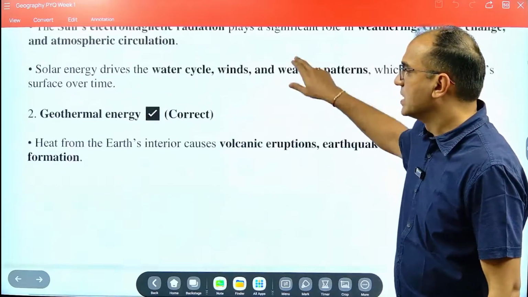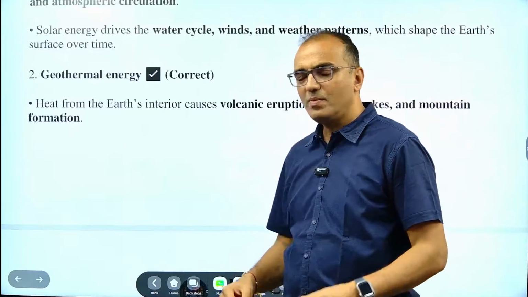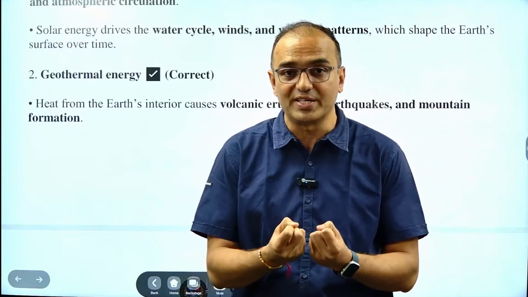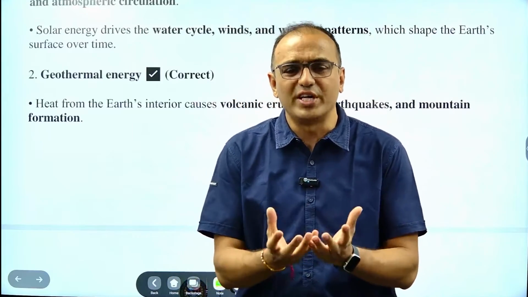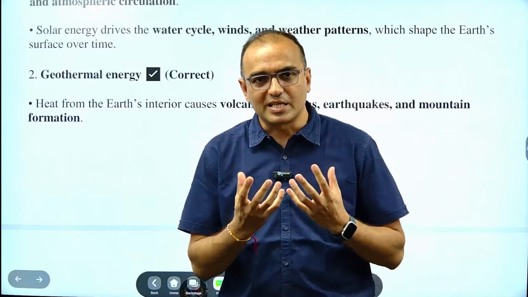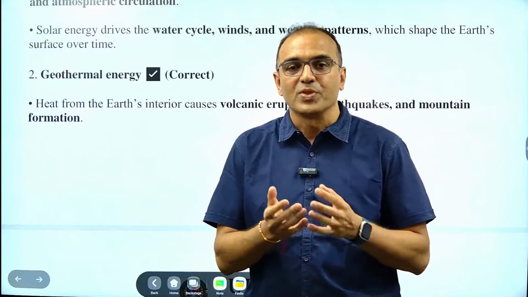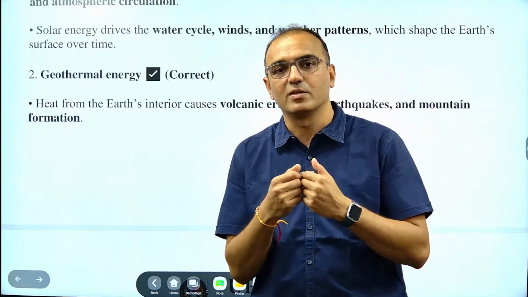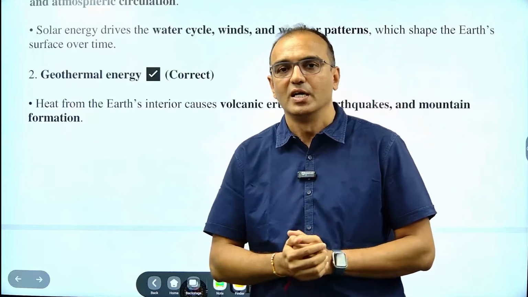Second is geothermal energy. Geothermal energy is generally associated with more heat, right? Tectonic changes, more heat or existence of magma below the surface of the earth. There is a lot of heat and this heat is released. Now this heat may be released in the form of, there are hot springs, right? Fumaroles, geysers, right?